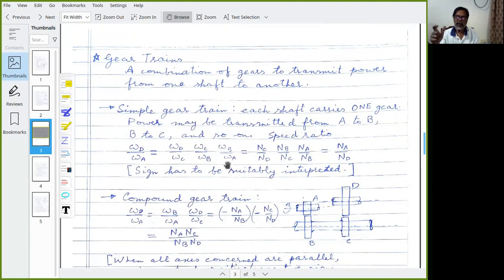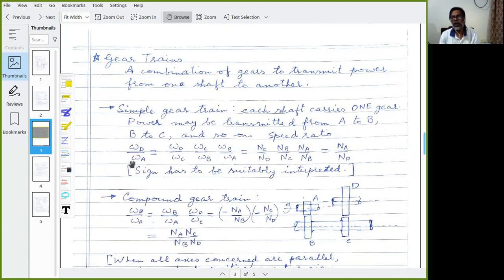For each pair on the way, you can work out the speed ratio. Omega d by omega c is mc by md, where mc and md are the number of teeth in gears c and d, and similarly for the others. The intermediate ones get cancelled out, and finally you get the ratio you would have got if you had connected them directly.